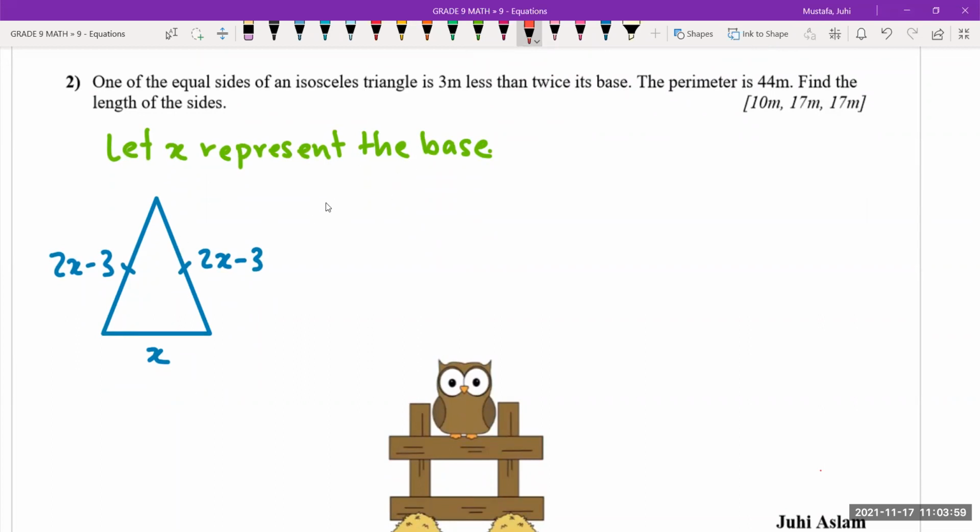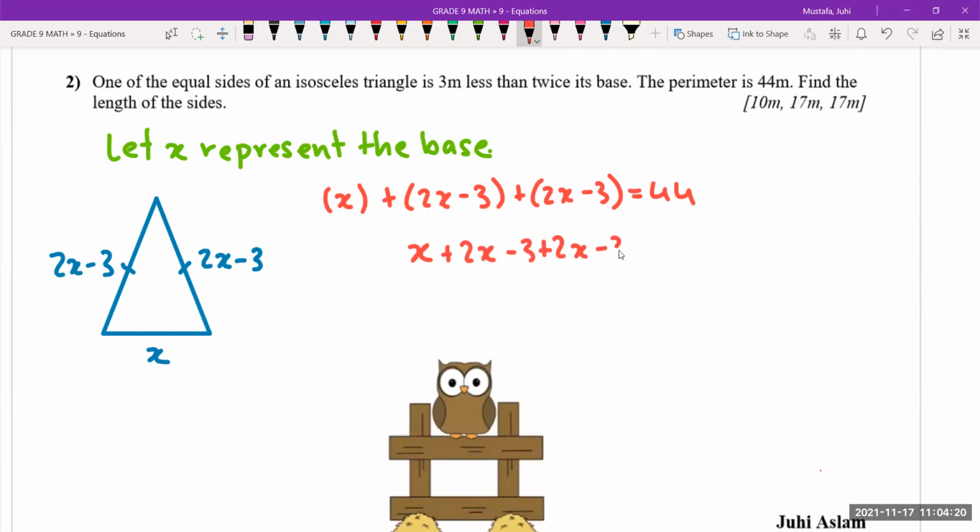I'm just going to start with the base, which is x plus 2x minus 3 plus 2x minus 3 is equal to 44. If you didn't want to write 2x minus 3 twice, you could have just said 2 times 2x minus 3. And let's solve this.